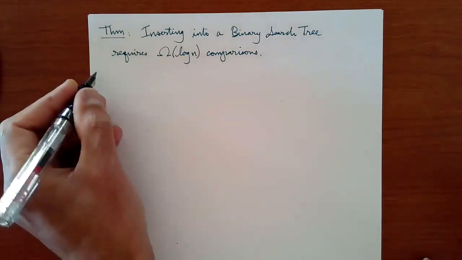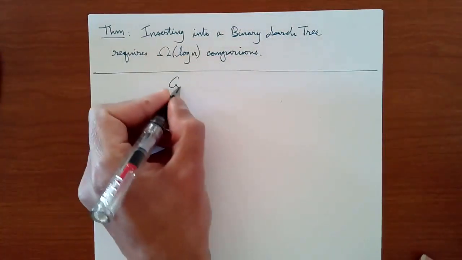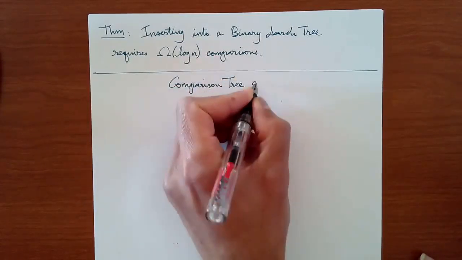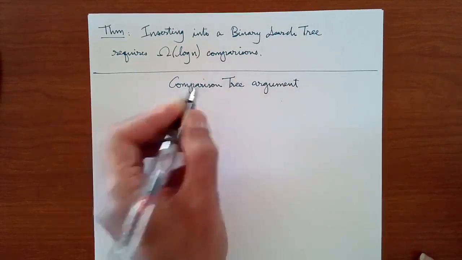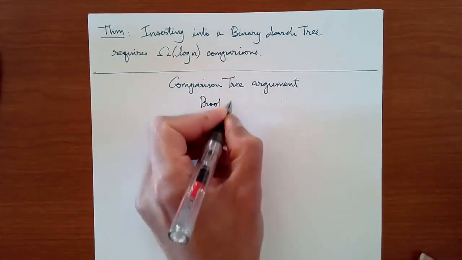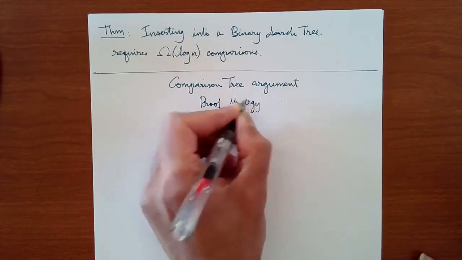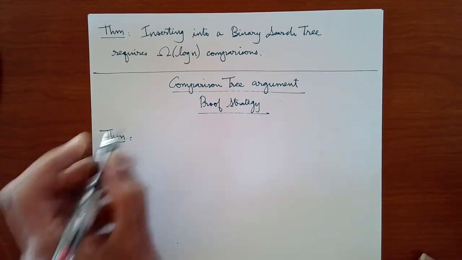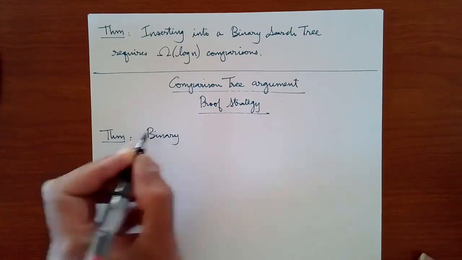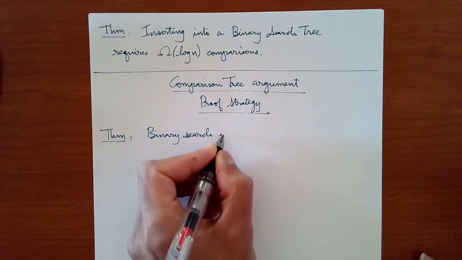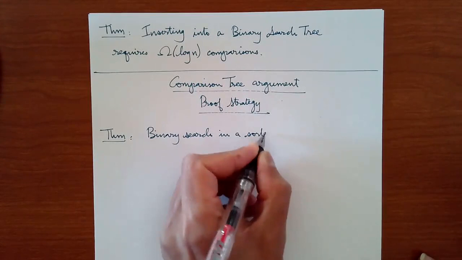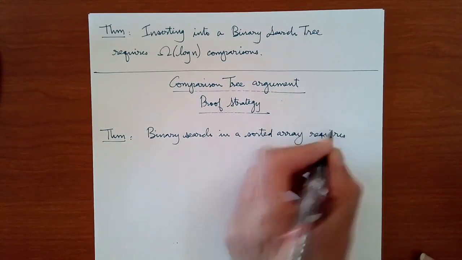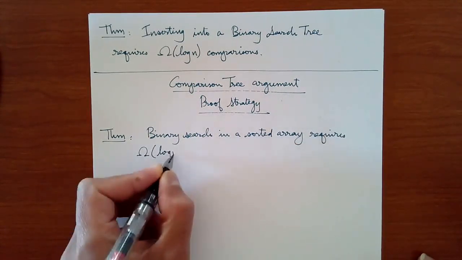But moreover, one can look at the comparison tree argument or the proof strategy. And if you follow that, you can prove things like searching in a sorted array requires omega log n comparisons.